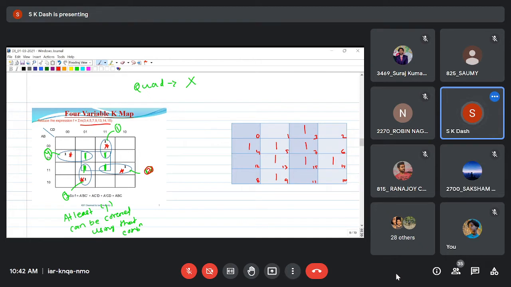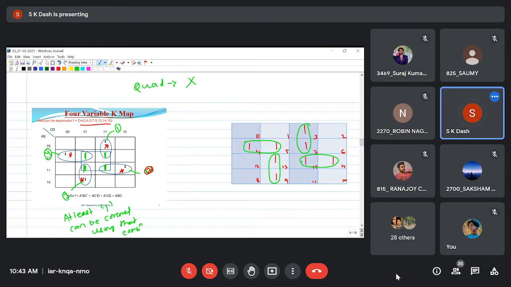So again I am drawing this K-map, and I am forming those combinations. 1, 2, 3, 4. The quad is not essential. Now when I check here, all the ones are already covered using the essential pairs.